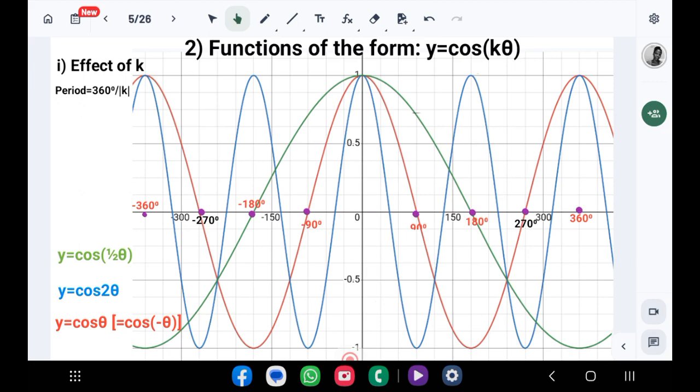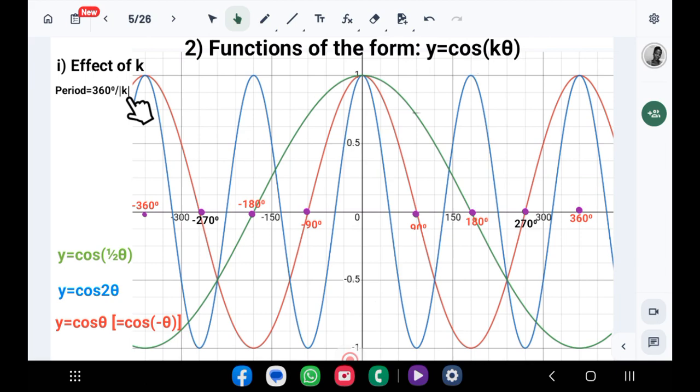Now let's look at functions of the form y equals cos of k times theta. What is the effect of k? Basically, the effect of k is on the period. Once you've got your theta multiplied by a variable, that means that variable affects the period. So the period now becomes 360 degrees divided by the absolute value of k.